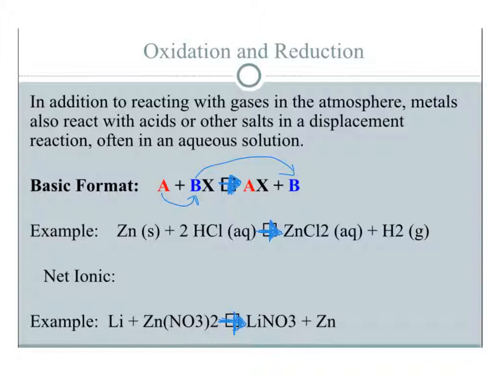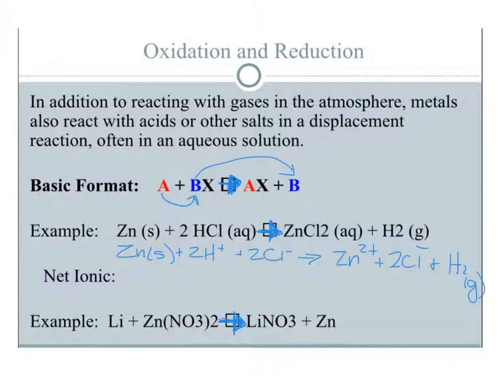Now, I'm just going to do the complete ionic in the middle here so you can see what's happening. We have 2H plus 2Cl minus yields... Oh, I have to balance the equation. Sorry. Oh, it is balanced. Zn2 plus 2Cl minus plus H2 gas.